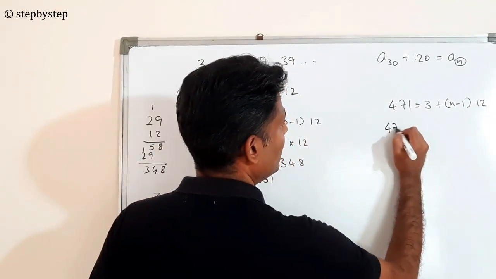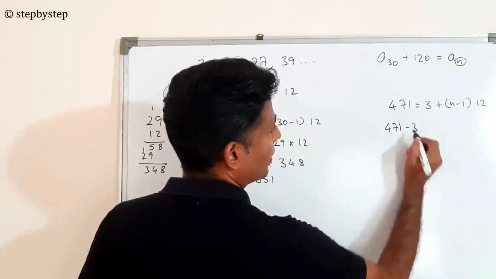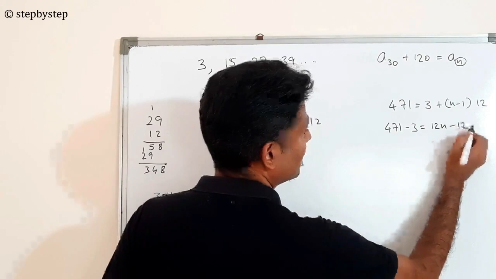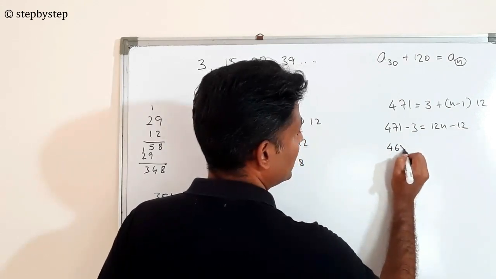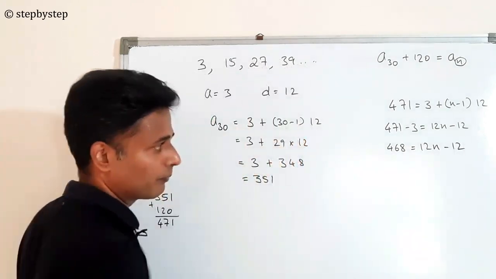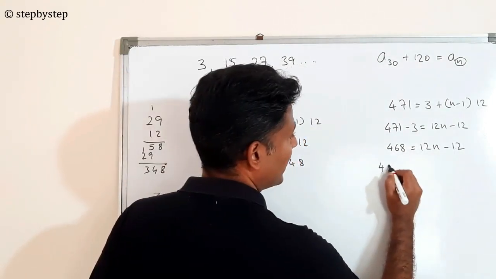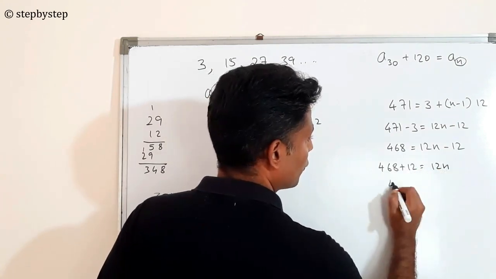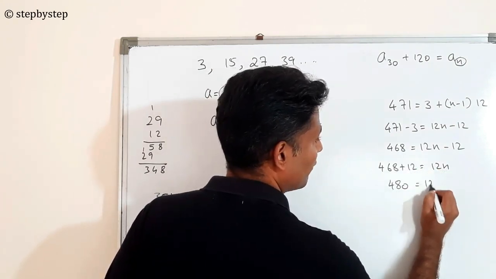So 471, I'll transpose 3 on the other side, it becomes 471 minus 3 equal to 12n minus 12. So I get 468 equal to 12n minus 12. Transpose minus 12 on the other side, I get 468 plus 12 equal to 12n. So 480 equal to 12n.